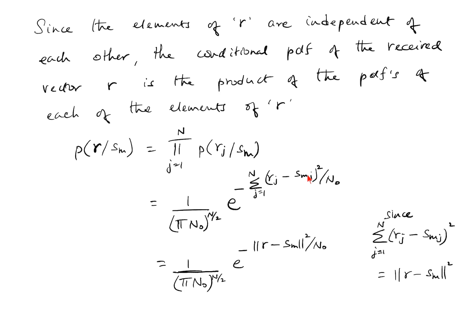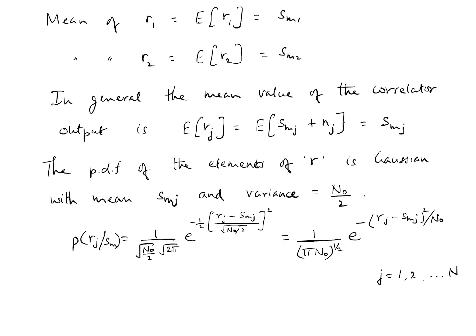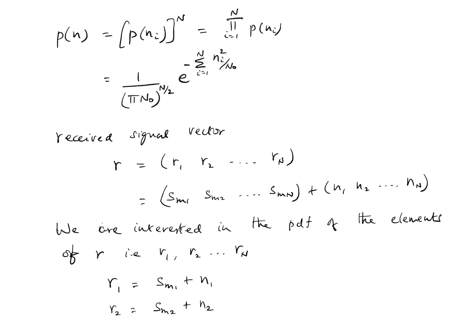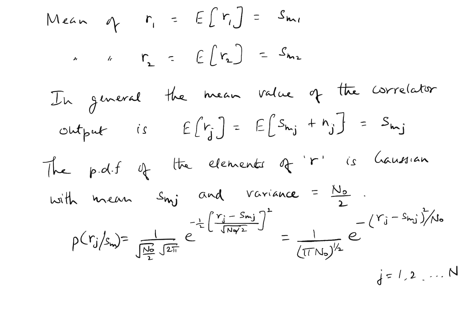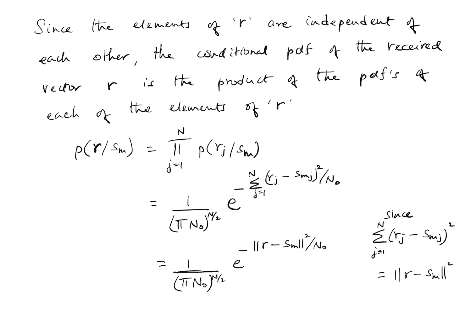If we go back to our vector representation, r1 minus sm1 the whole square plus r2 minus sm2 the whole square plus r3 minus sm3 the whole square plus, and we keep doing that for all the n terms.